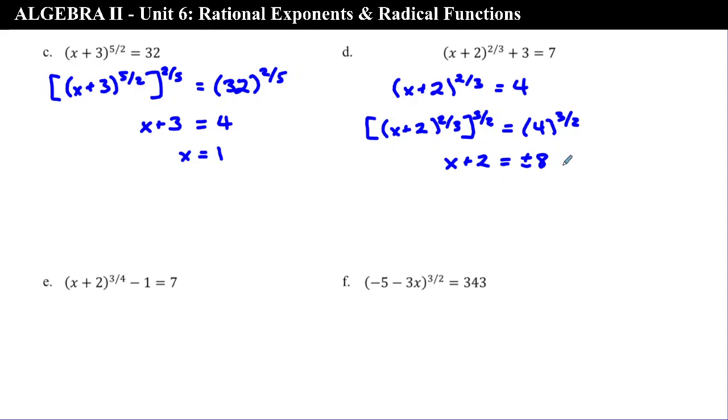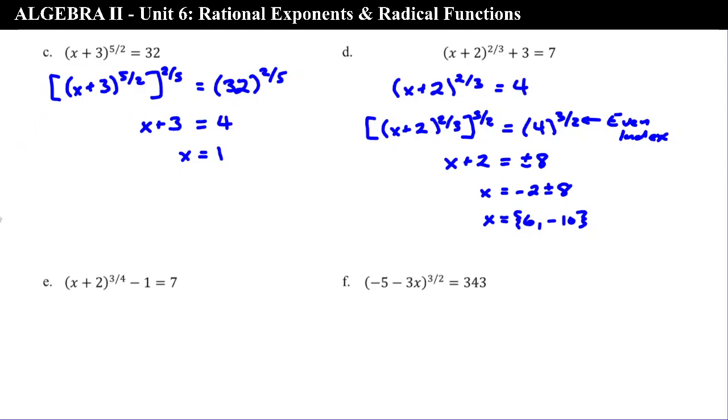So make sure that you pay attention to the even index, and refer to that table on the first page of your notes as you practice these. And so we're going to have x equals -2 plus or minus 8, and that's going to give us our two answers, which will be x equals 6 and -10.